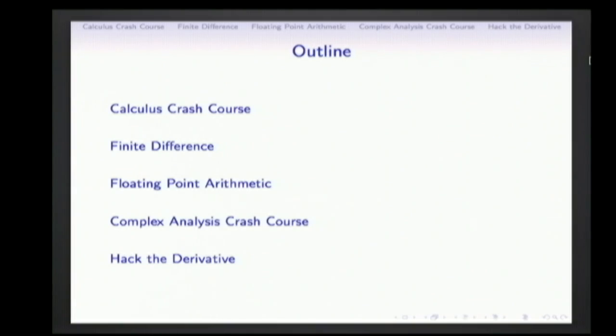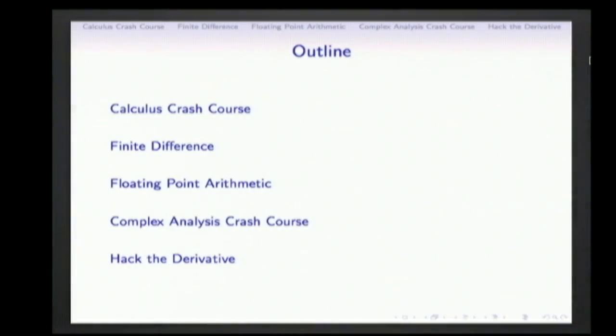That's going to raise some issues, so to dig into those, we're going to talk about floating point arithmetic and some of the nuances there. Then we're going to get into some complex analysis, using some imaginary numbers, which is always very fun. Finally, we're going to use that to hack the derivative and do a lot better than finite differencing.